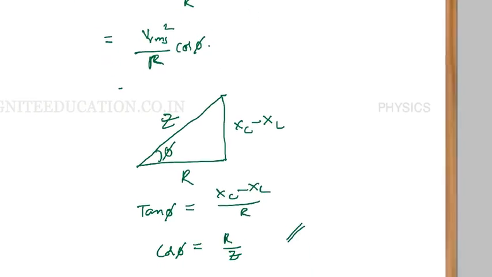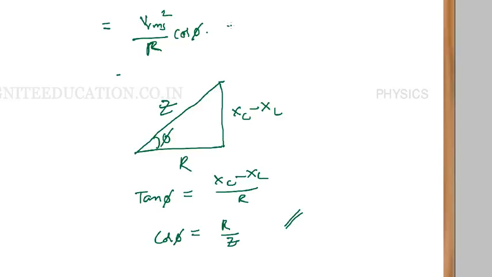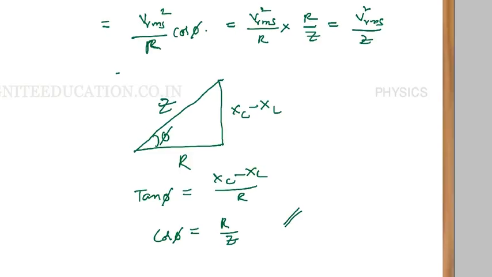What is cos phi? From the expression, it is R by Z. So that is Vrms square by R into R by Z. The R's get cancelled and I get Vrms square by Z. That is the final expression for P average for an LCR circuit.